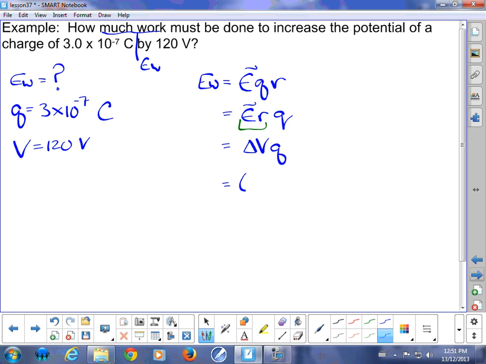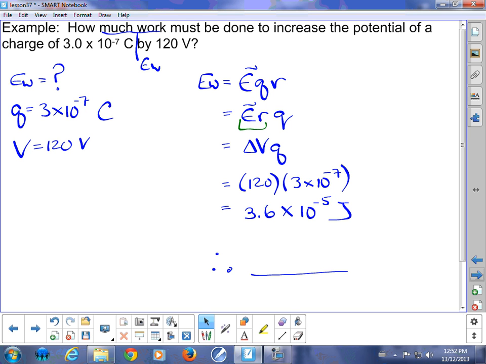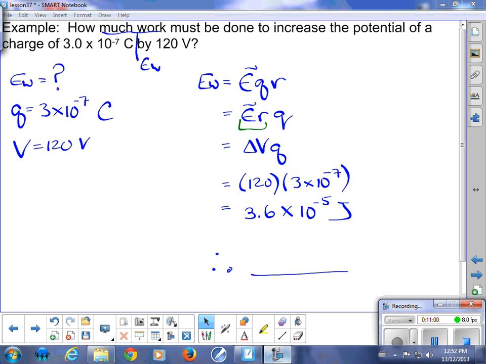We're given that piece of information, 120 multiplied by your charge, 3 times 10 to the negative 7. So we find that the amount of work required to make a 120 volt change in potential is going to require 3.6 times 10 to the negative 5th joules. So you have your, again, appropriate therefore statement for that particular question.